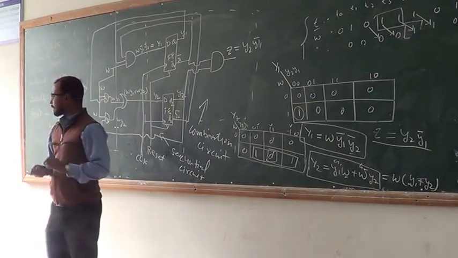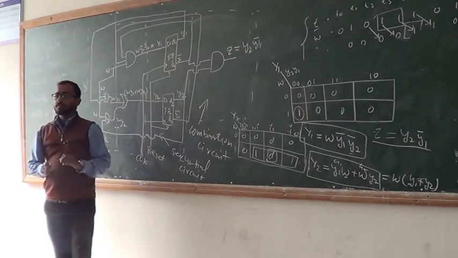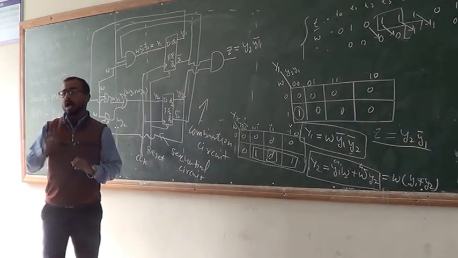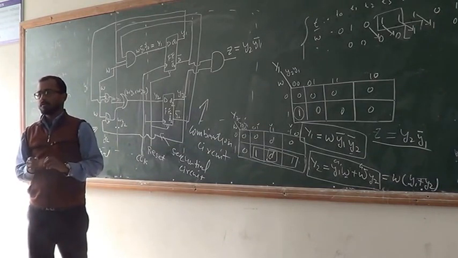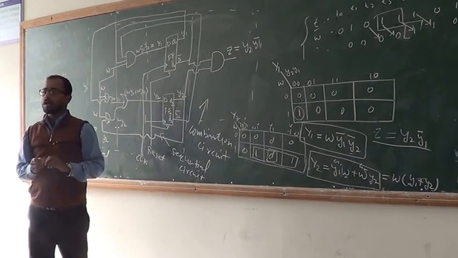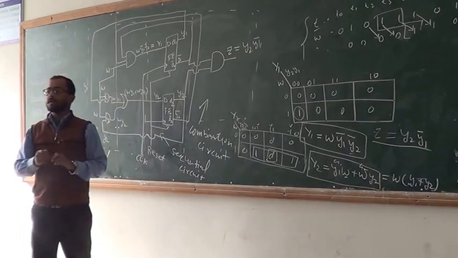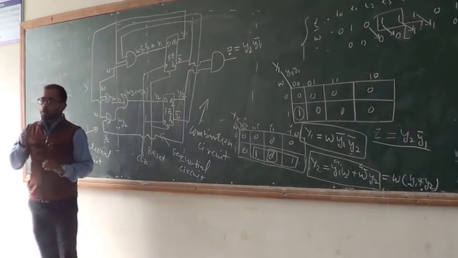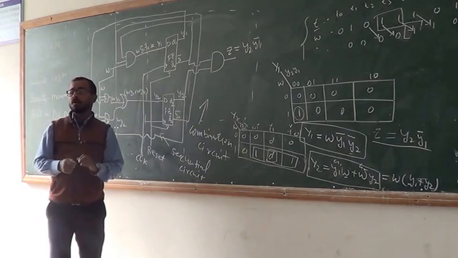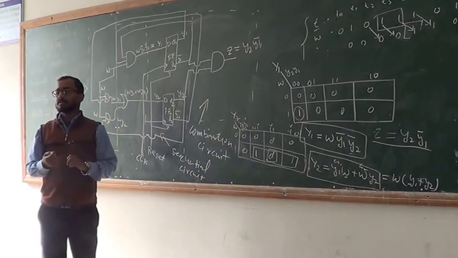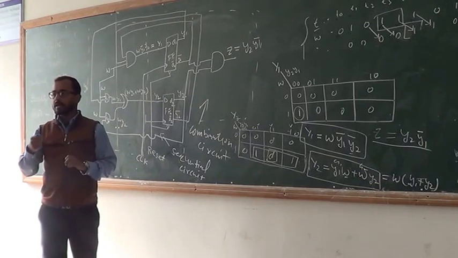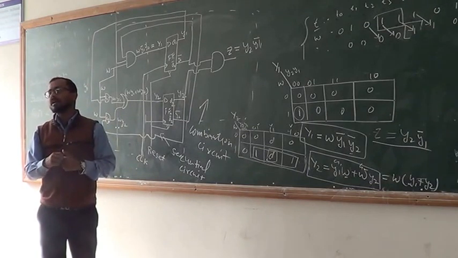And once again repeating, those FSMs whose output totally depends upon input are called a Mealy type machine, and those machines whose output depends upon input as well as state are called a Moore machine.